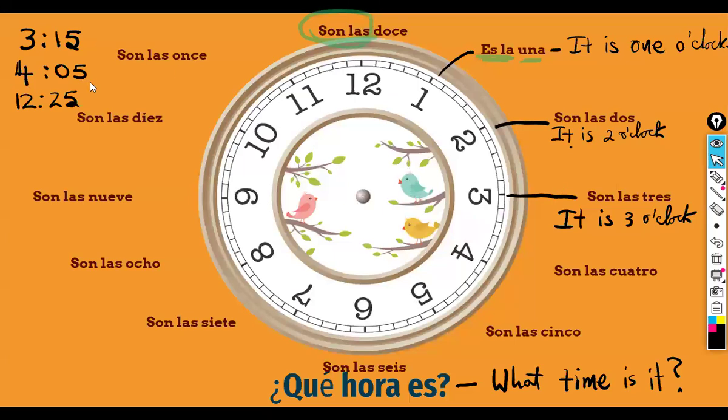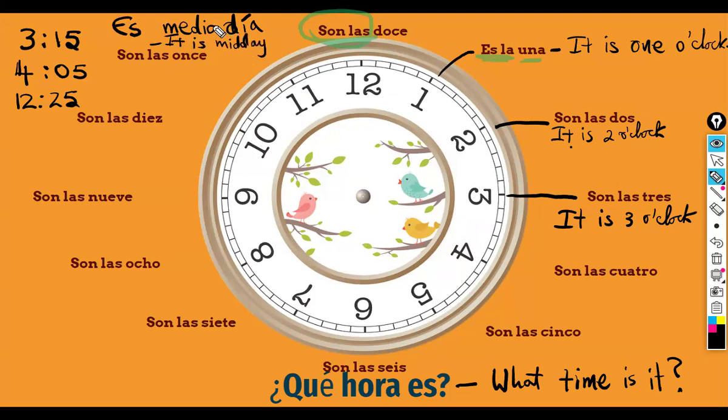So twelve o'clock, you know, could be midday or it could be midnight, right? So if it is midday, we could write it is medio día, right? Literally half day. It is midday.